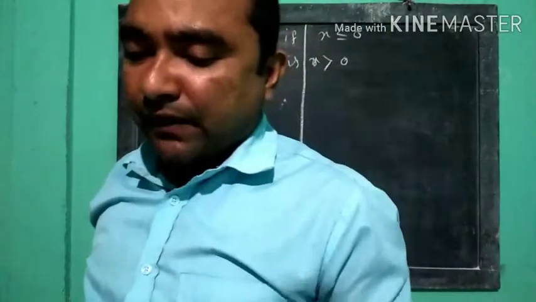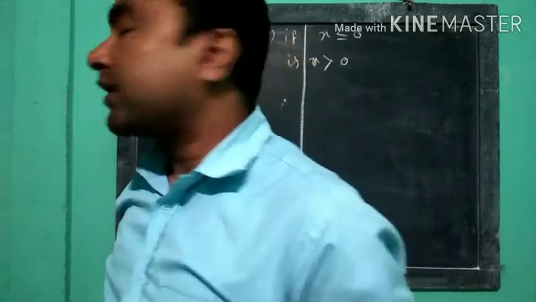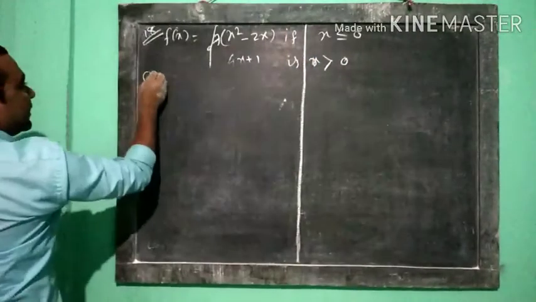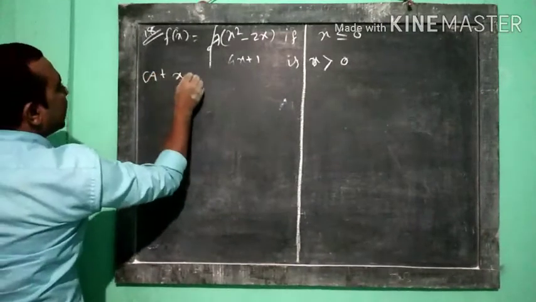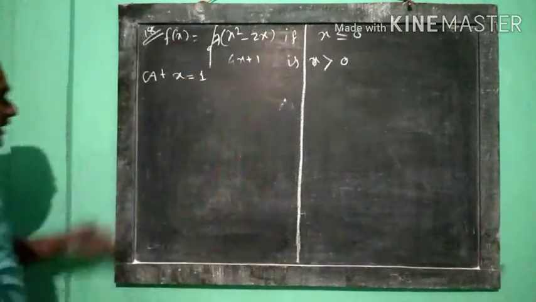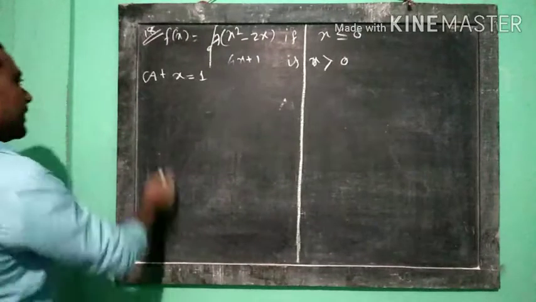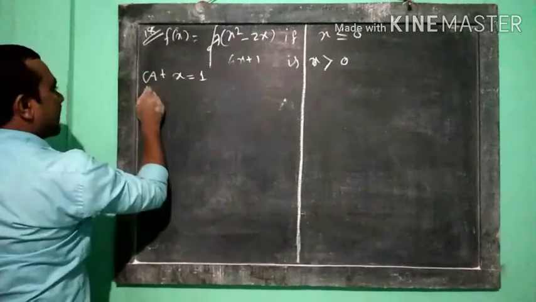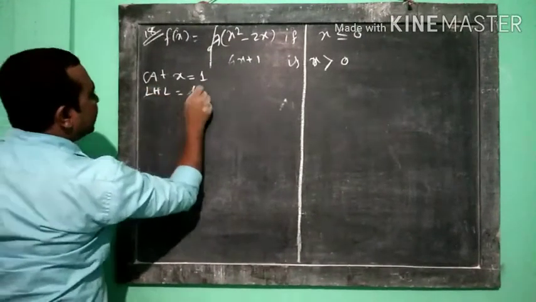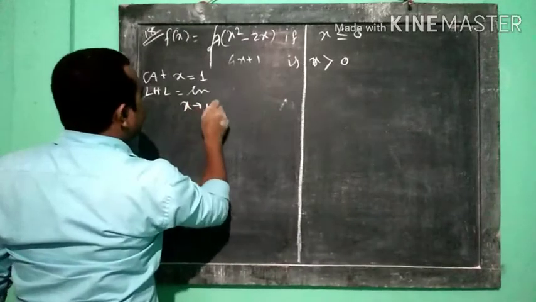The second part is about continuity at x equal to 1. Now we are going to check at x equal to 1. So at x equal to 1, the left hand limit equals limit x tends to 1 negative.